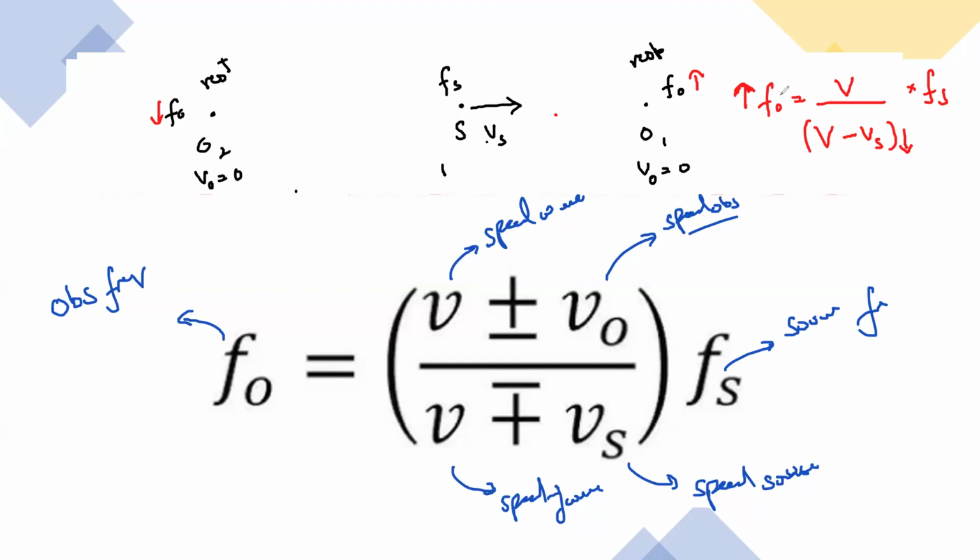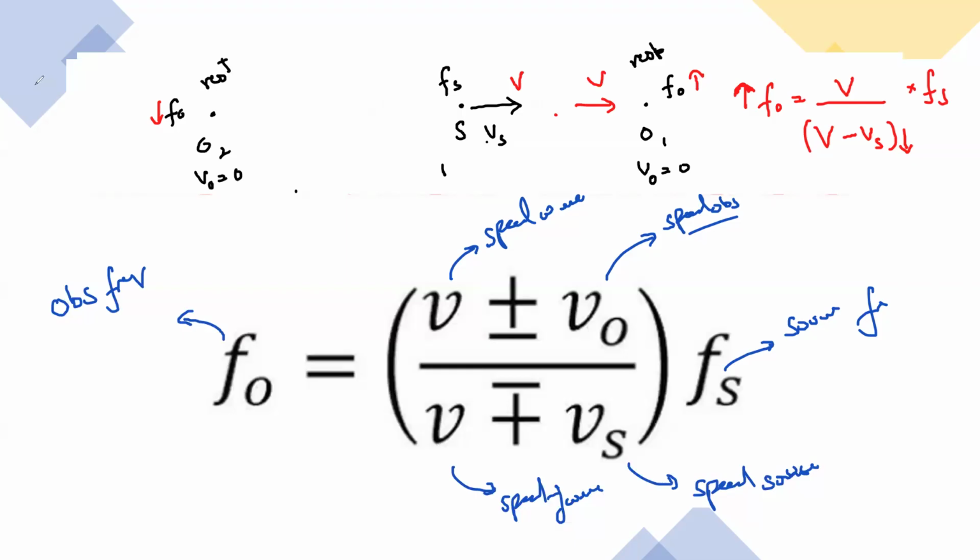The observed frequency, when the source is moving towards the stationary observer. V is the speed of the wave, and that does not change. The speed at which the wave travels does not change. That's why V will be constant. The frequency will change and the wavelength will also change.